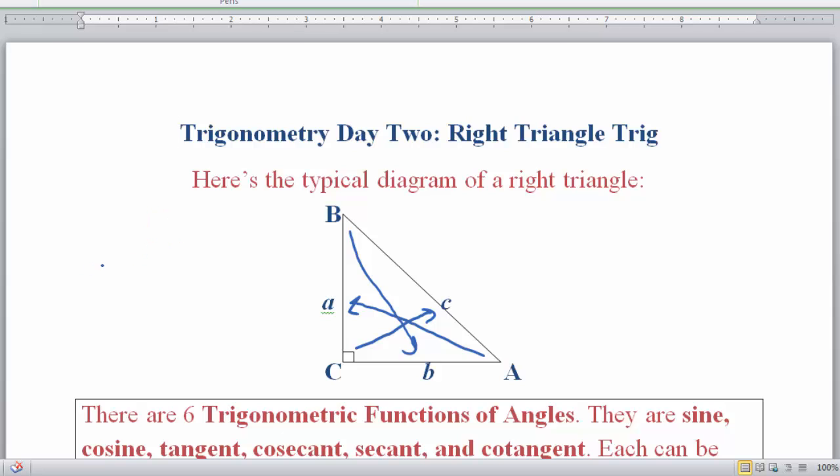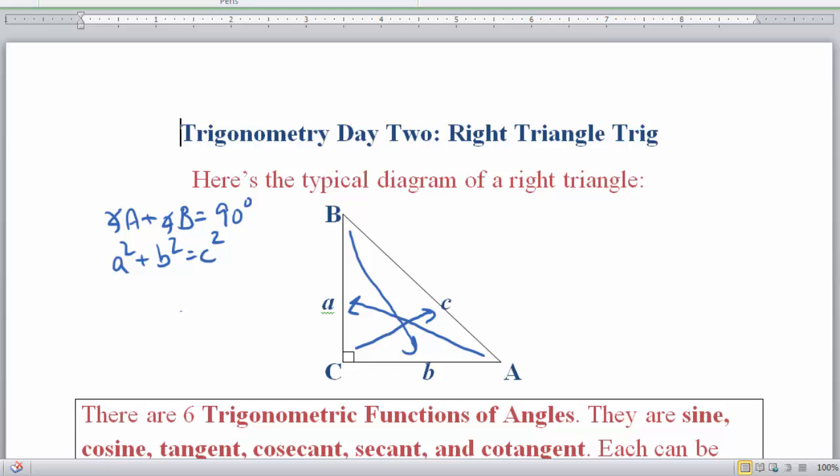If you recall a couple of things from Trig Part 1, the two acute angles, angle A and angle B, added up to 90 degrees. They were known as complementary angles. And we also have the Pythagorean theorem, which says that a squared plus b squared equals c squared: the sum of the squares of the legs is equal to the square of the hypotenuse.